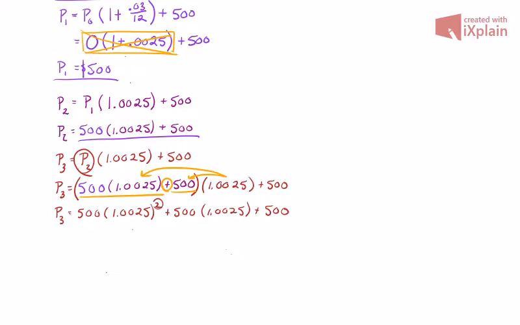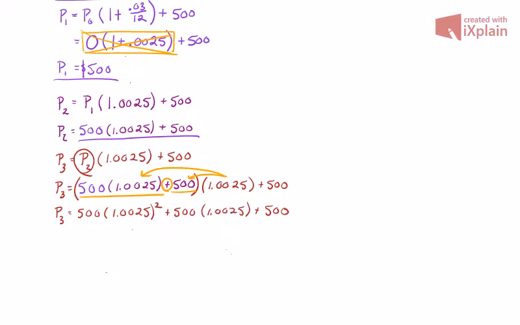So here it's squared. Here it's technically raised to the first power. And here you would technically write 1.0025 to the 0 power, because anything raised to the 0 power is just 1. So when we simplify it, it simply looks like so.